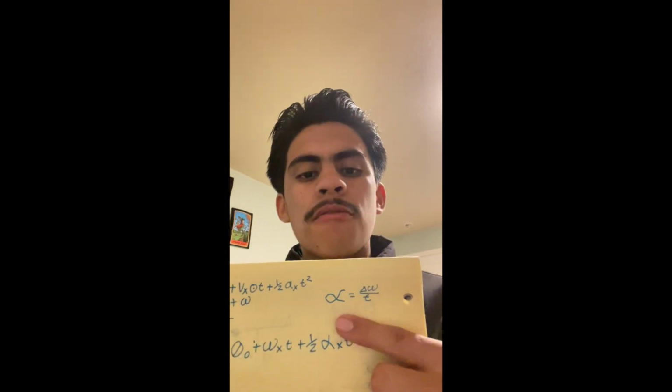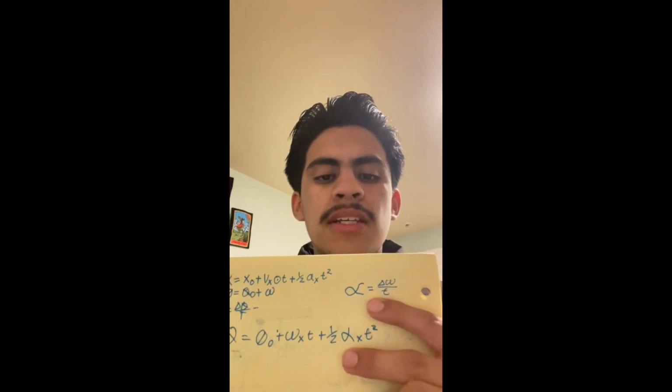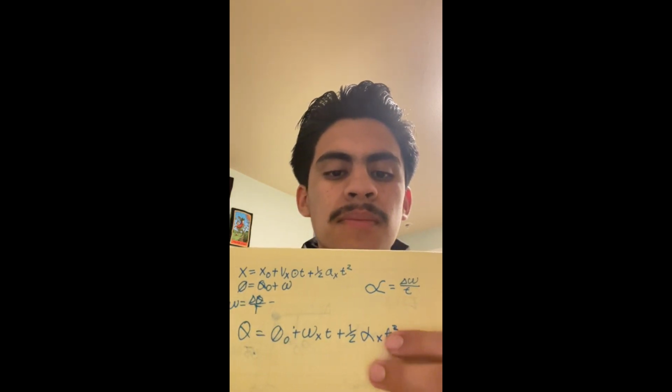So here we have alpha. Alpha is equal to the change in omega over time. This is acceleration in terms of degrees.